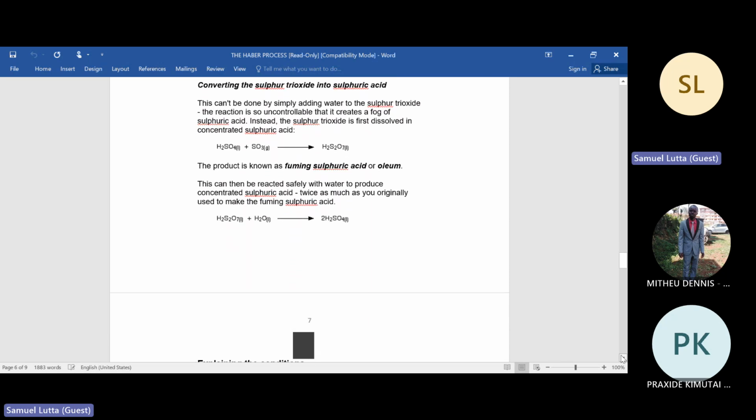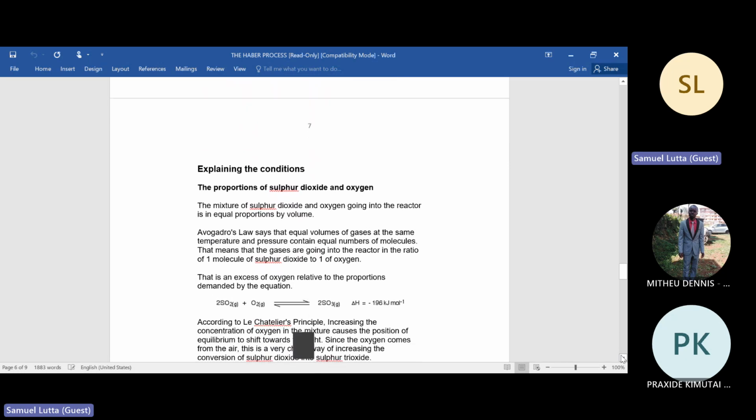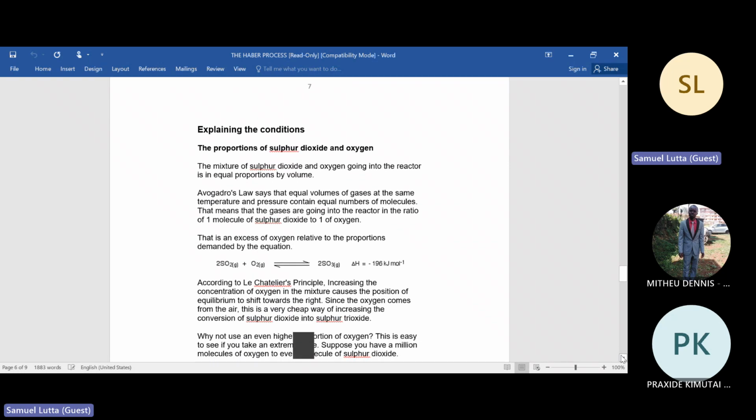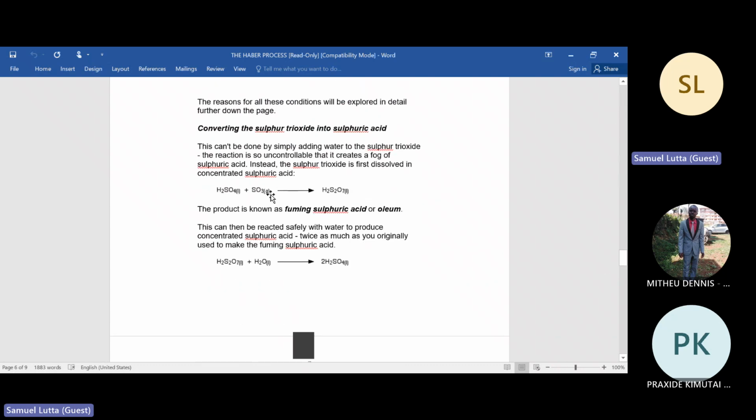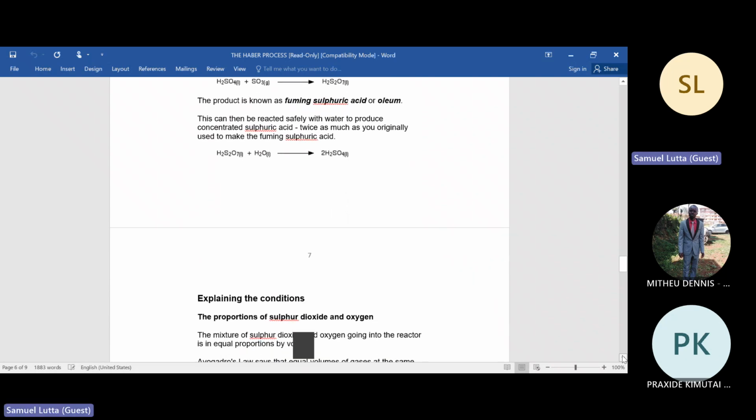So the sulfur trioxide is not mixed directly with water, because when it mixes with water, it produces a lot of fumes, and these ones affect the environment. So the sulfur trioxide, SO3, after you have formed it from sulfur dioxide and oxygen, we dissolve in sulfuric acid to form oleum. And then once you have formed oleum, you can react it with water to form sulfuric acid.